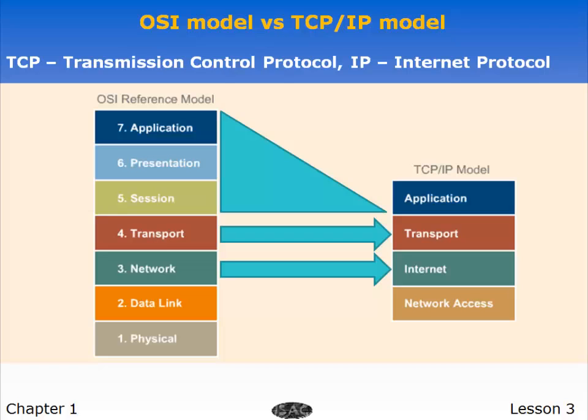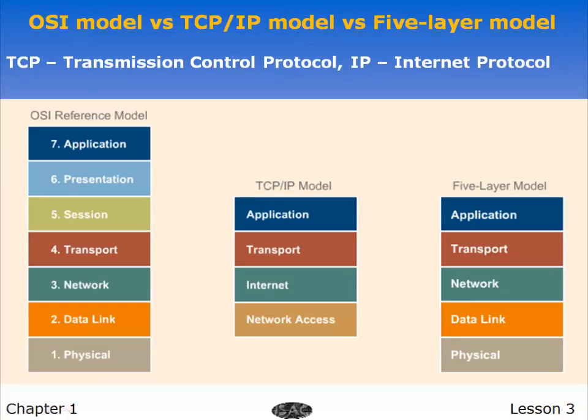Finally, the network access layer is a combination of the physical and data link layers of the OSI reference model. So, as we can see, we have simplified the 7-layer OSI reference model into the simple 4-layer TCP/IP model.